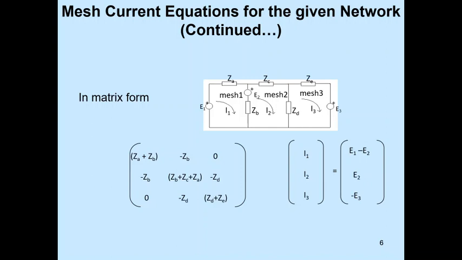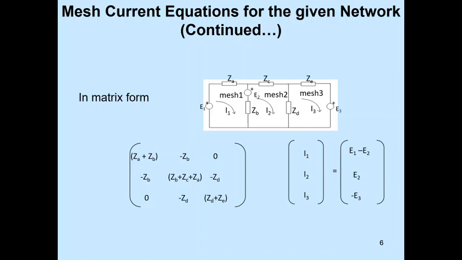The third equation coefficients are 0, minus ZD, and ZA plus ZD. This matrix into I1, I2, I3 is equal to the voltage matrix E1 minus E2, E2 minus E3.